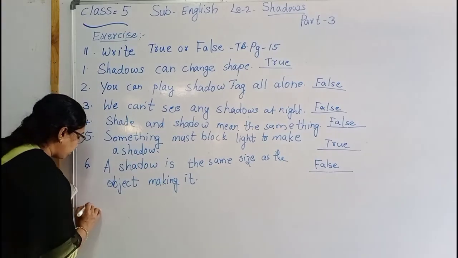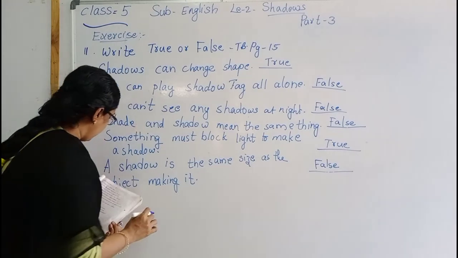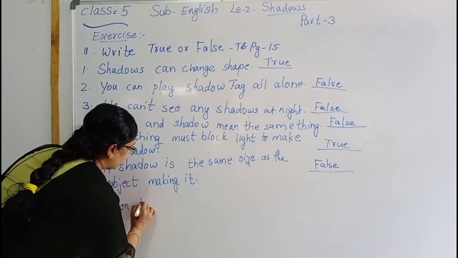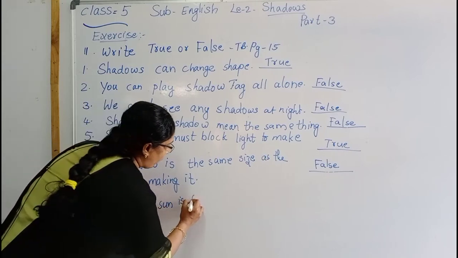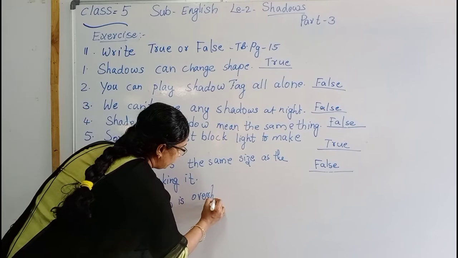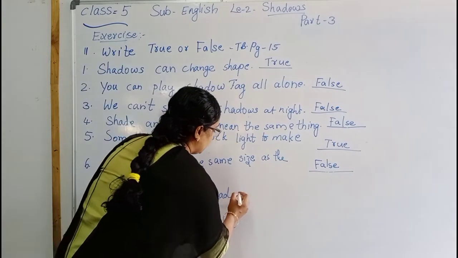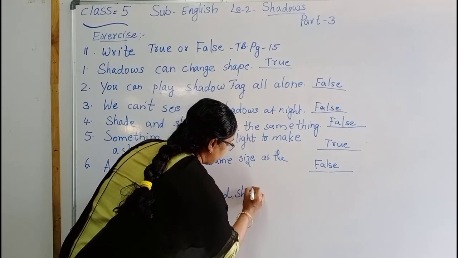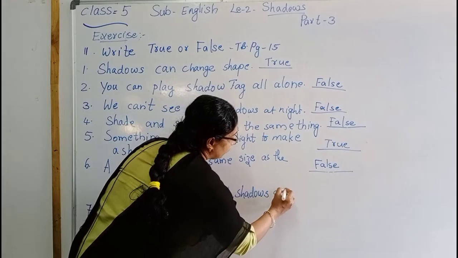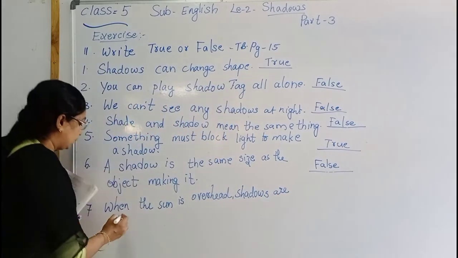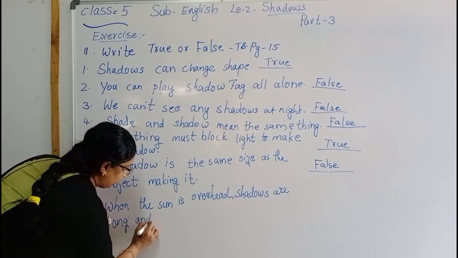7th one. When the sun is overhead, shadows are long and skinny.